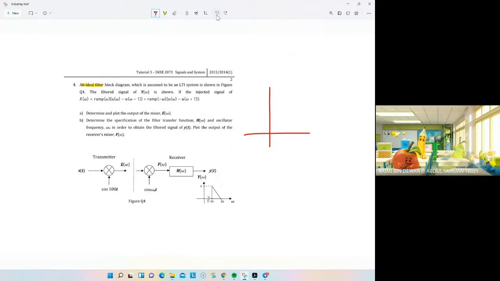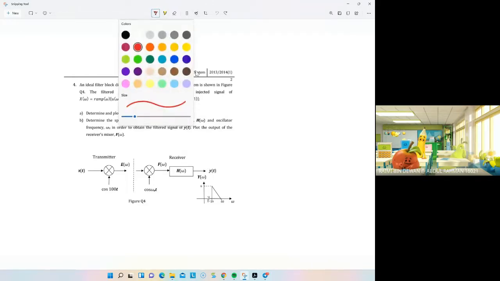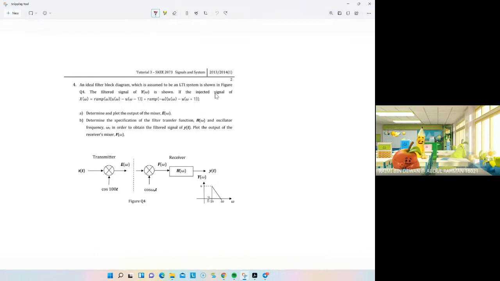So the question is on an ideal filter, and then it's given to us. The filtered signal Y of omega is shown as this. This is the output from the receiver after the filtration stage. If the injected signal X of omega has a rem, you see there is a word rem there.